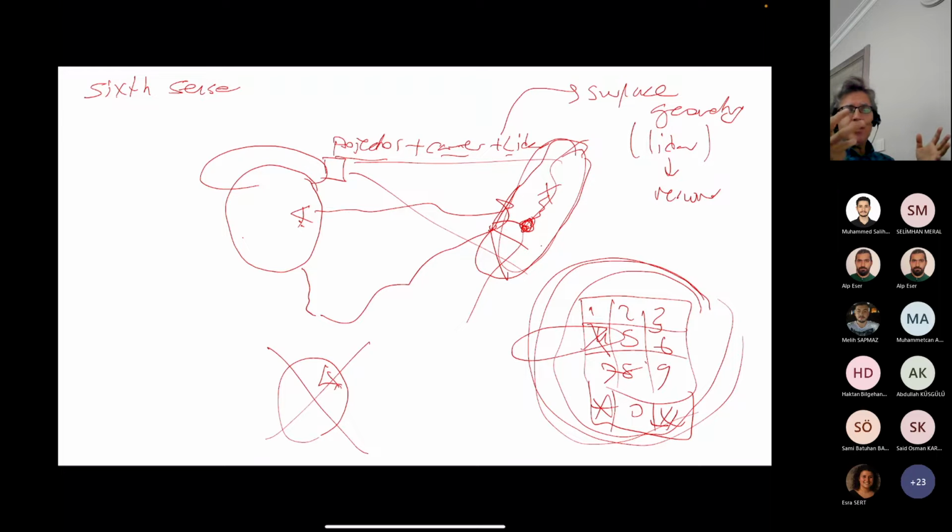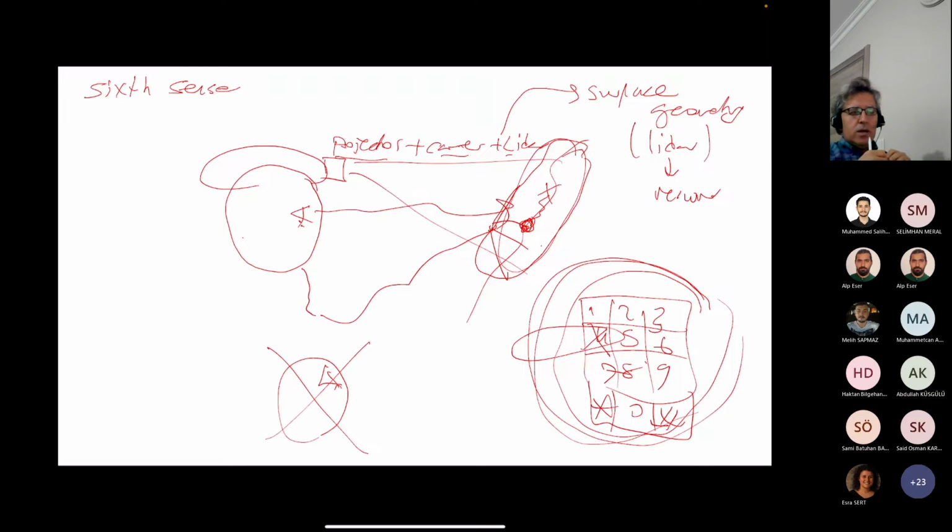If you are doing visual augmentation, you would want to see it on yourself, so that your next door neighbor or your coworker or whoever is around you is not distracted by what is going on there.